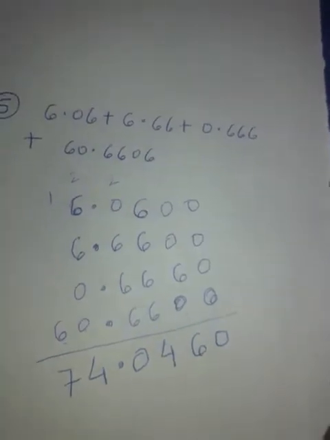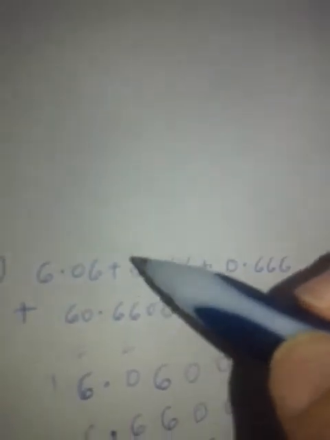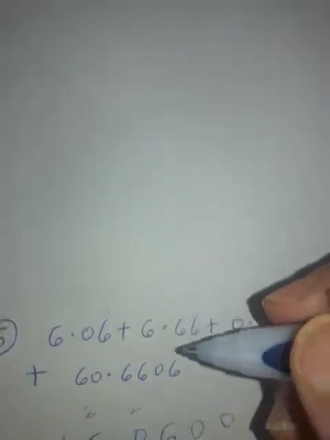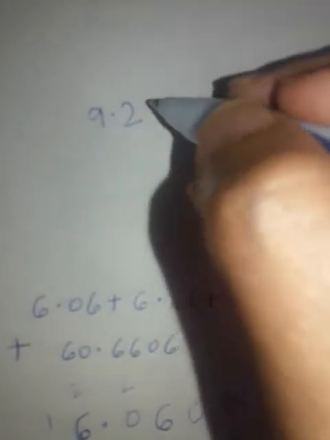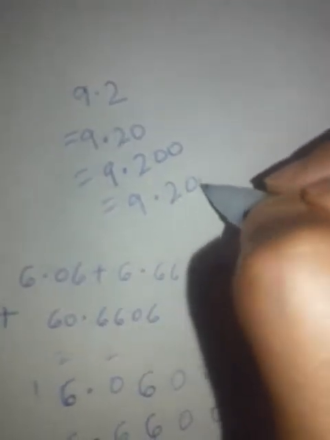So the main thing that you should know is, you can add any number of zeros on the right side. Let me show what I mean by this. When I say 9.2, take any number 9.2. It is same as 9.20. It is same as 9.200. It is same as 9.2000.